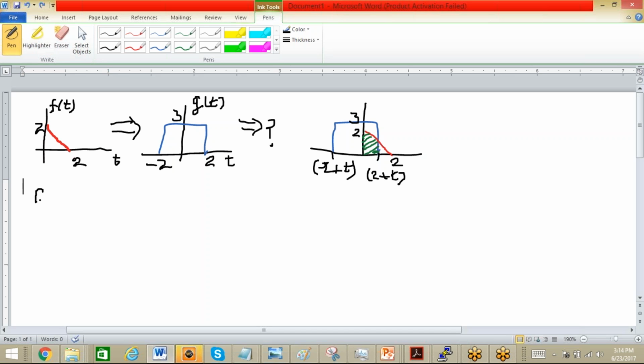Under case 1, we have a situation where t is less than minus 2.